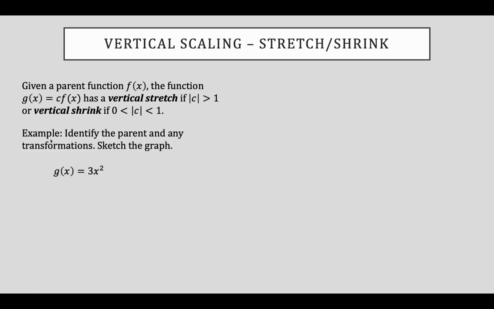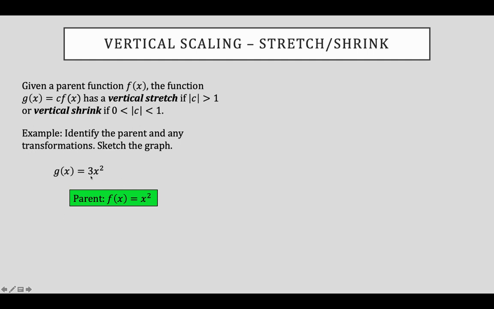For example, identify the parent, describe any transformations, and sketch the graph. g of x is equal to 3x squared. Well, what type of function is this? It's a quadratic. What's the most simple form of a quadratic function? f of x is equal to x squared. There we have our parent function. What's different from our parent function to get to our function g?